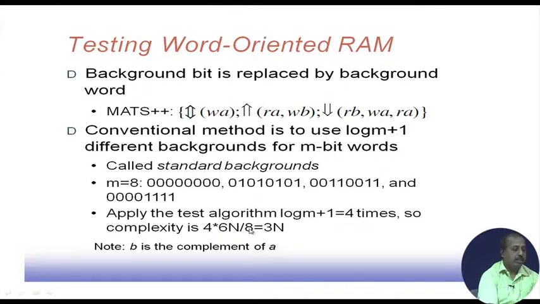So, the total number of operations is 3n. Okay. B has to be the complement of A, otherwise you will not be able to detect the stuck-at 0 or stuck-at 1 type of situation.